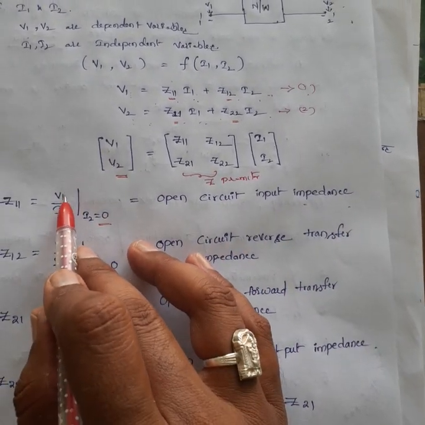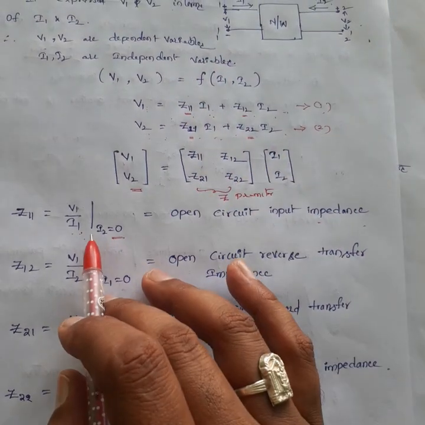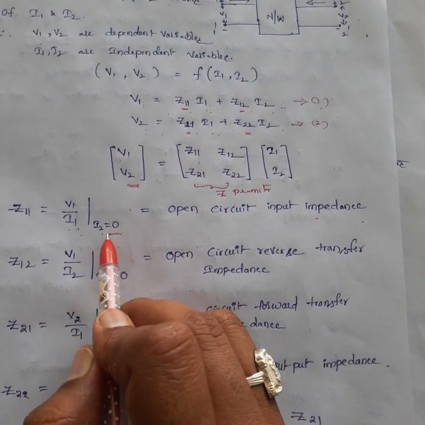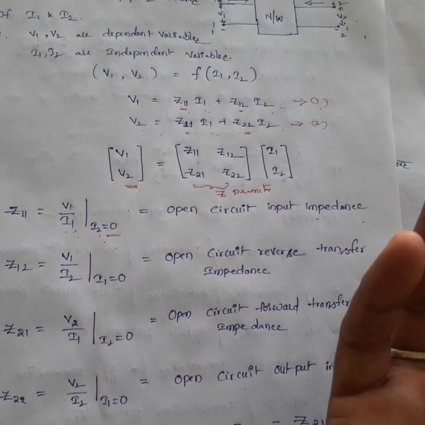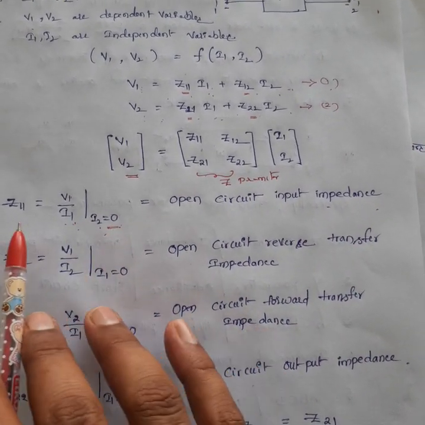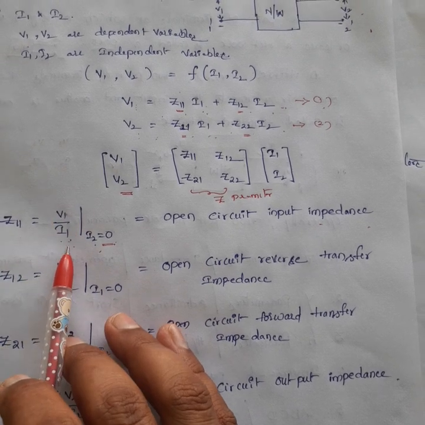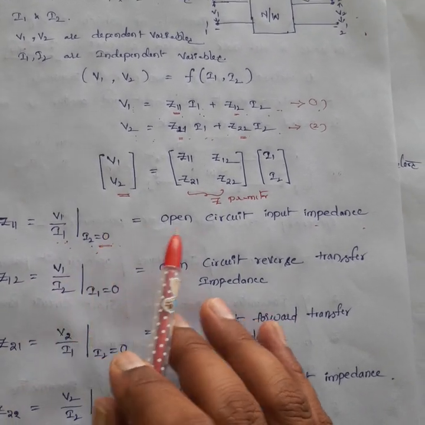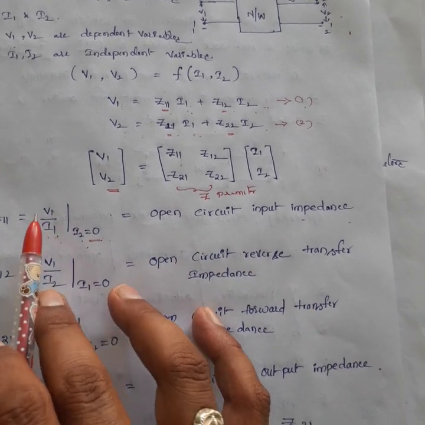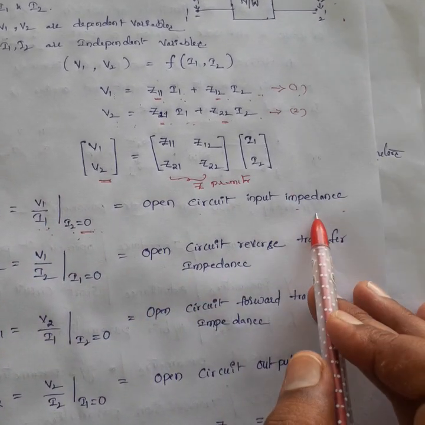In these terms V1 and I1 are the input values, and I2 equals 0 means there is no current. Under the open circuit there is no current. That's why Z11 equals V1 by I1 at I2 equals 0, the open circuit input impedance, since the V by I ratio is nothing but impedance.